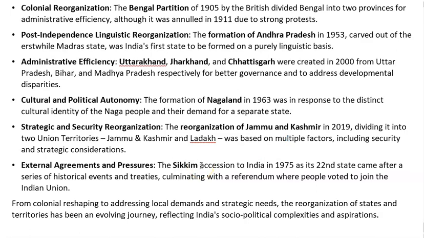So they wanted India to attach them. So that led to the formation of Sikkim in 1975 as the 22nd state, okay, of India. Actually it was the culmination of a referendum held by the people of Sikkim, who wanted to join the Indian Union.